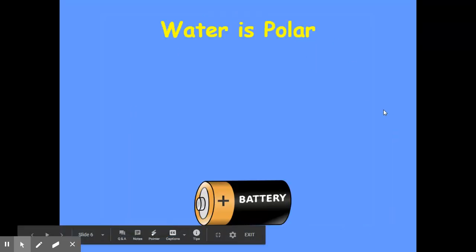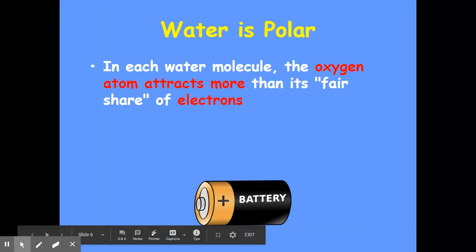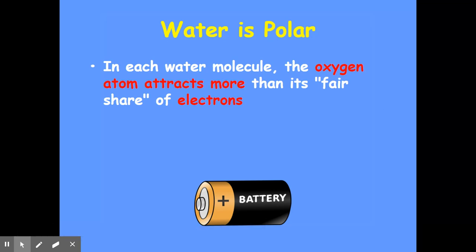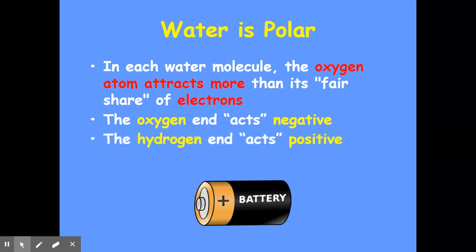Okay. We say that water is polar, which means it has a positive end and a negative end. And the oxygen pulls more of the electrons from hydrogen closer to its atom than it allows for electrons to be closer to the hydrogen. So we say the oxygen end is more negative and the hydrogen end is more positive.